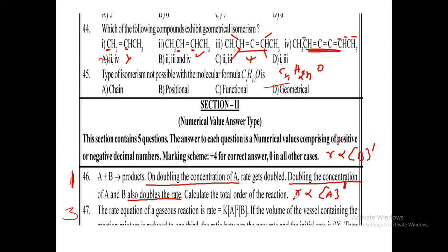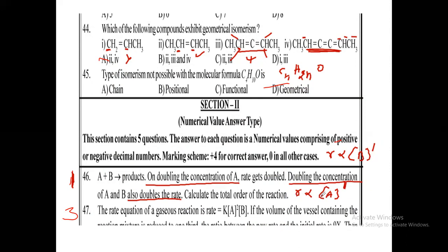When the rate of reaction is directly proportional to the first power of the concentration term of the reactant, that will be a first order reaction. Here, if you double the B concentration by keeping A constant, the rate of reaction doubles again. If you keep B concentration constant and double the concentration of A, again the rate of reaction will be doubled.